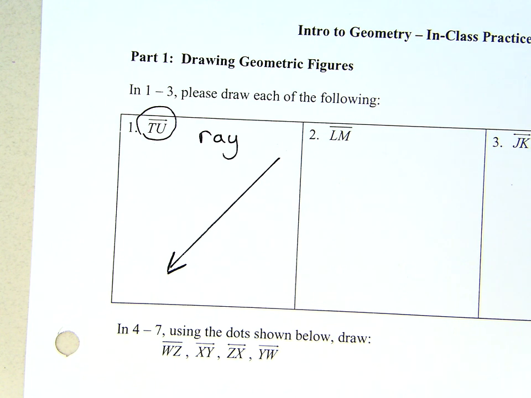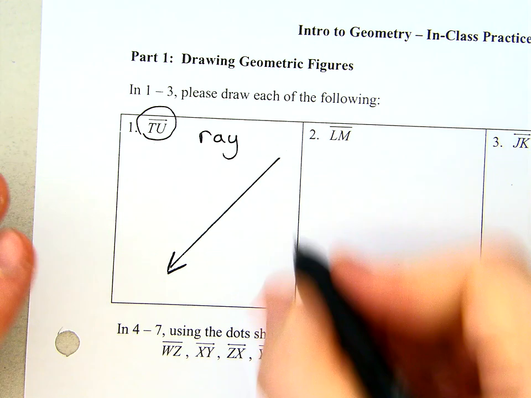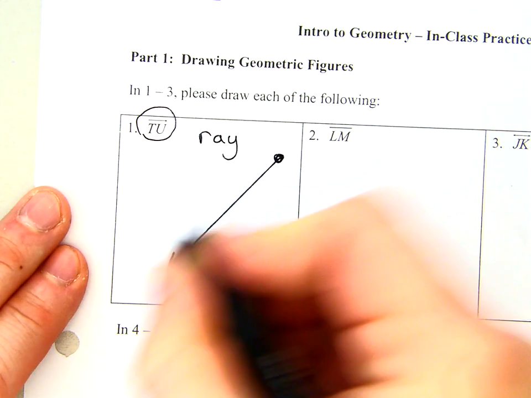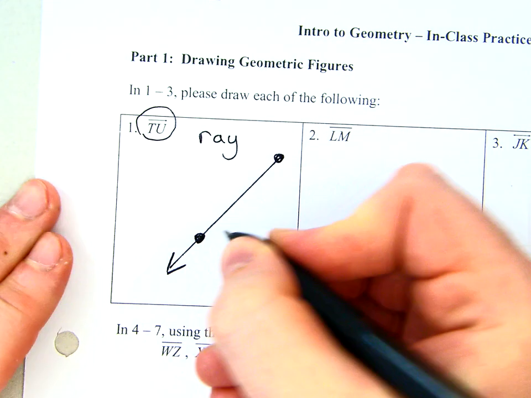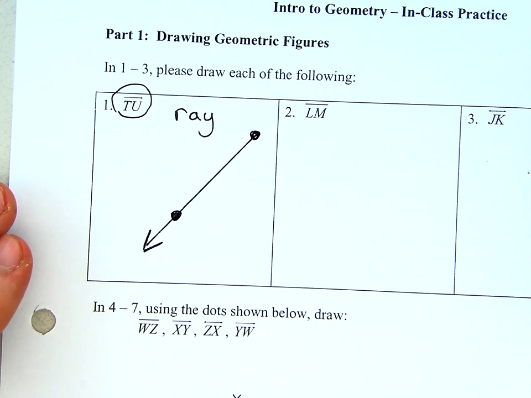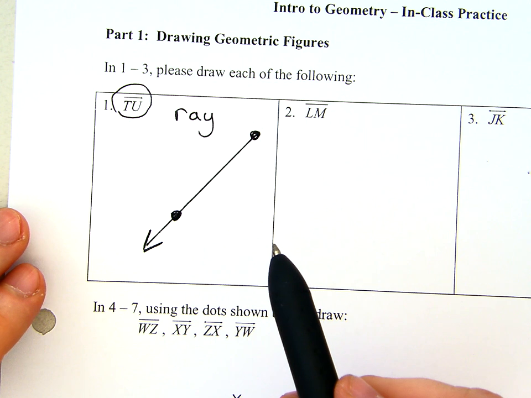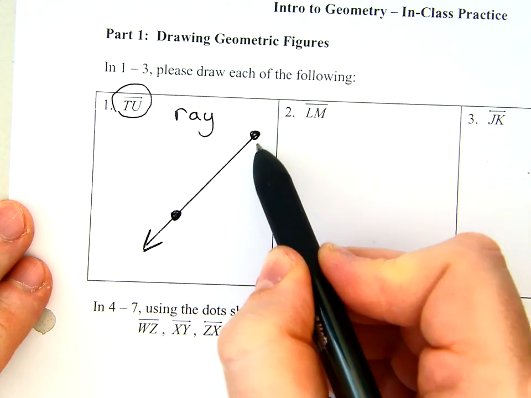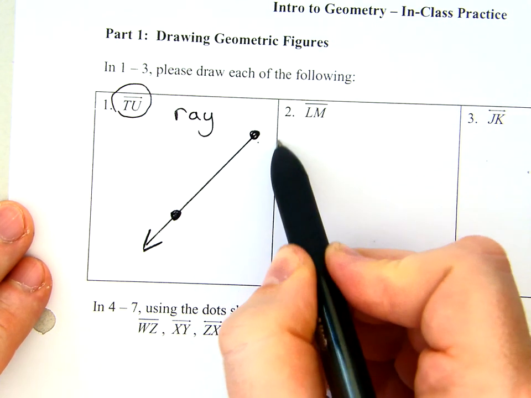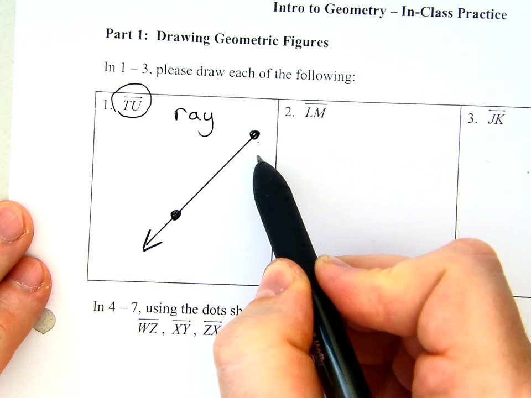This is not good enough, though. I need some points. I need 1 at the end point, and then a point somewhere else. I need to label them. Is this point over here T or U, or does it not matter?